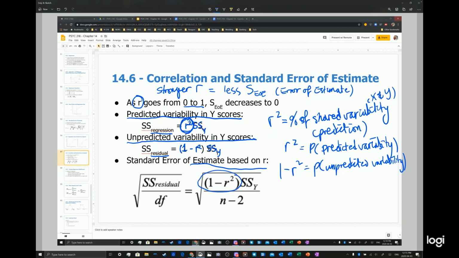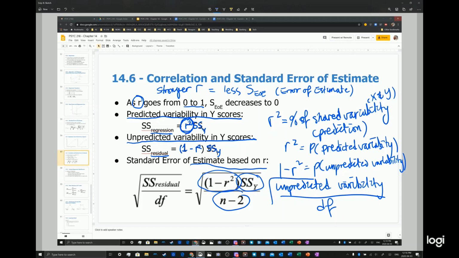variability, your residual here, which is sum of squares y times 1 minus r squared, over the degrees of freedom. We do not use our regression variability, not the predicted ones, but here is your unpredicted variability. That's your residual, that's your error. Okay, and then that's over your degrees of freedom right there.